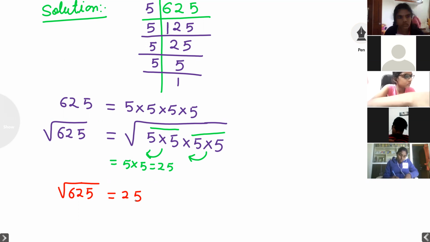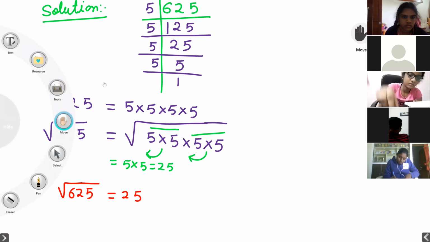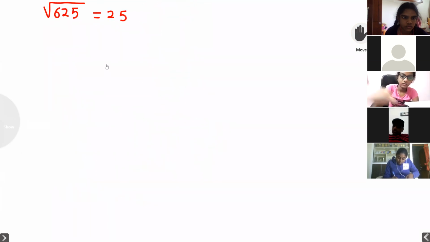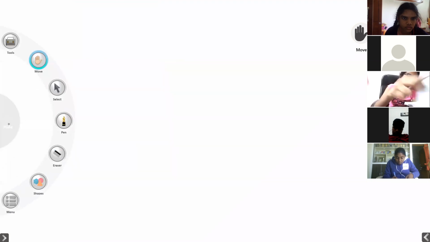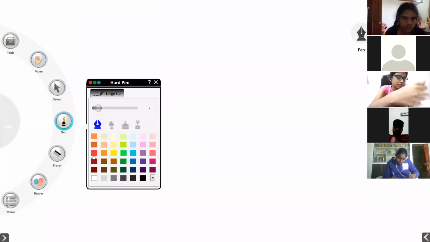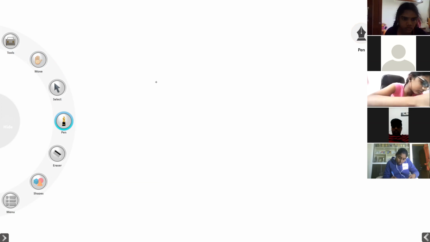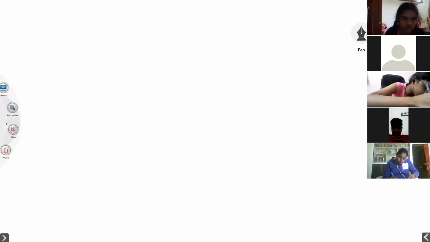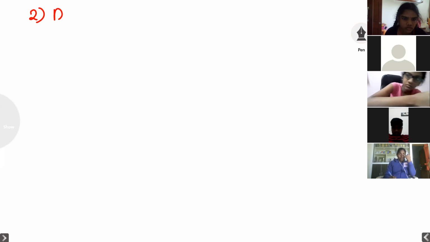Second heading, division method. How to calculate square root by using division method.